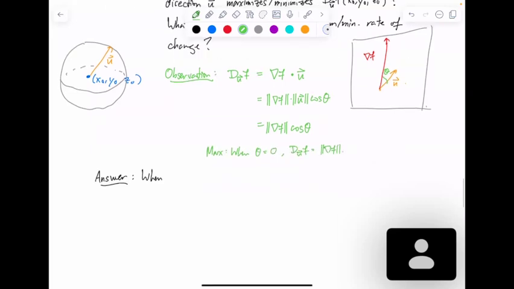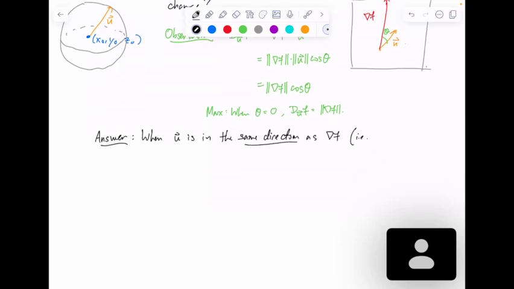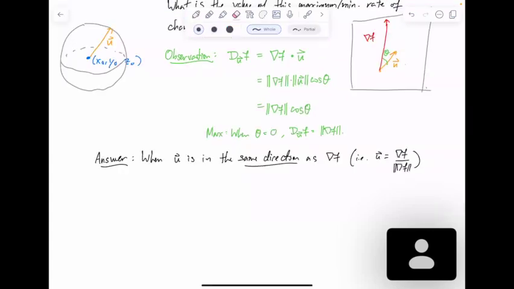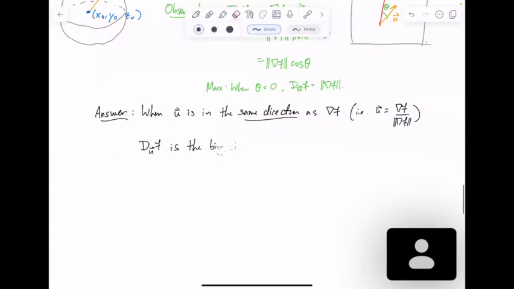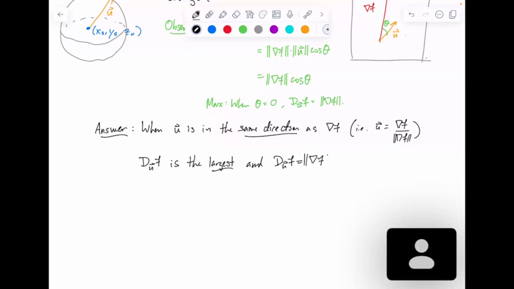The answer here is when u is in the same direction as grad f. So what does u have to be? It's a unit vector pointing in the same direction as grad f. Then u is equal to grad f divided by the magnitude of grad f. Then the directional derivative is the largest, and its value is exactly the magnitude of the gradient.